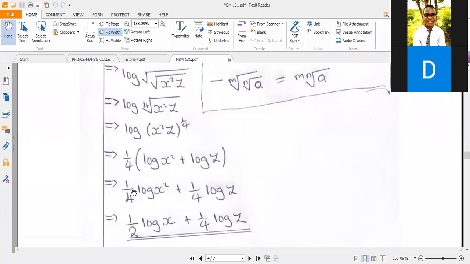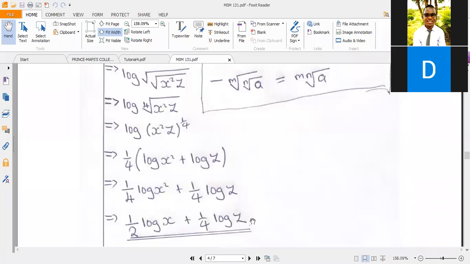If we expand this, we're going to have 1 over 4 log x squared plus 1 over 4 log z. And then, because the x is squared, we can drop the square that is with x to the front. When we multiply it, we're going to have half. So it will be half log x plus 1 over 4 log z.